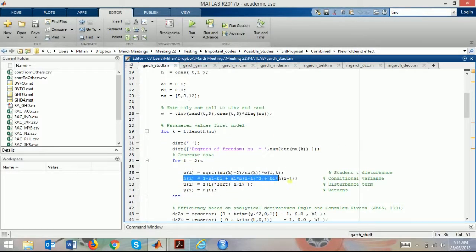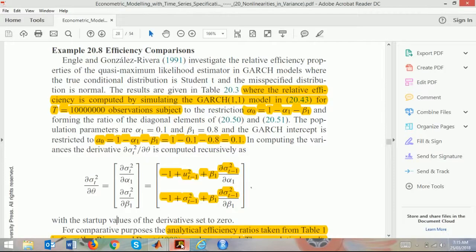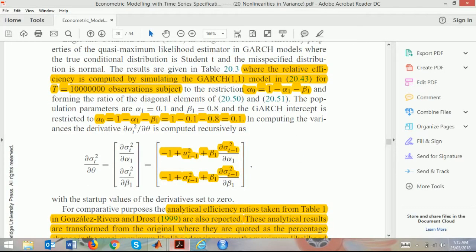Then this is the regular equation, this is the regular disturbance term, so this is where the tweak is, which is, yeah, just a simple tweak.